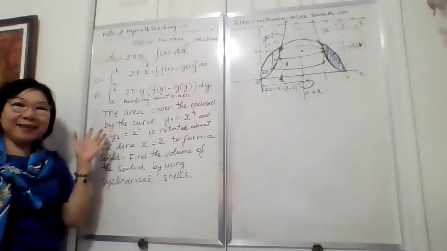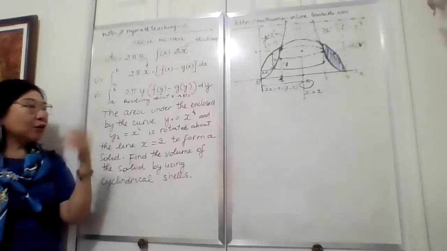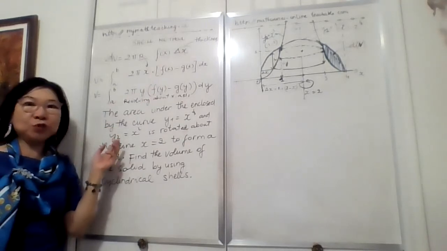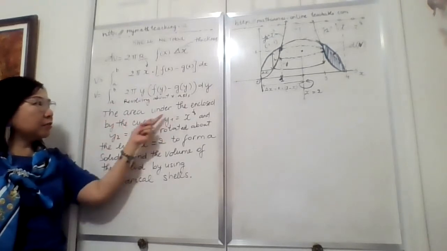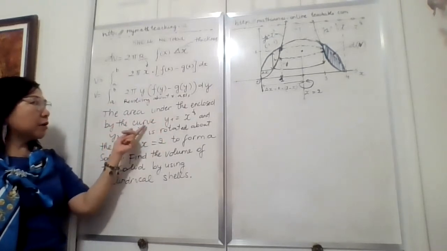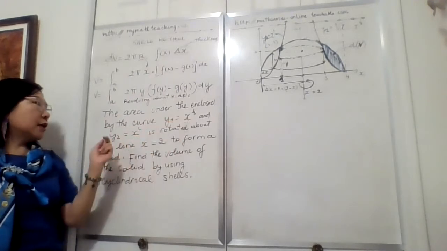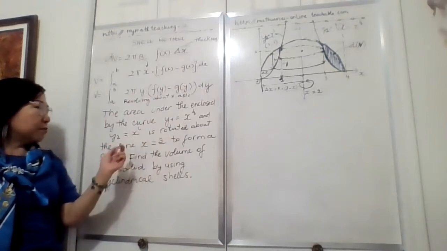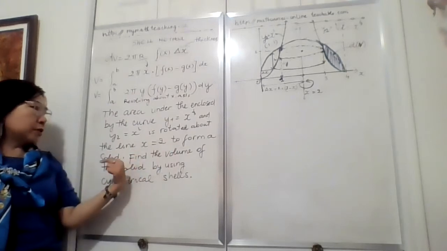So now let me get right into the question and how we do this. I'm going to read this question out loud to you. The area enclosed by the curves y1 equals the third root of x and y2 equals x squared is rotated about the line x equals 2 to form a solid.